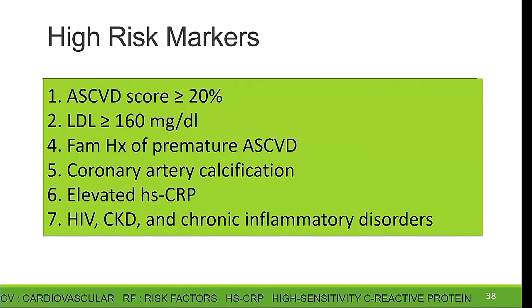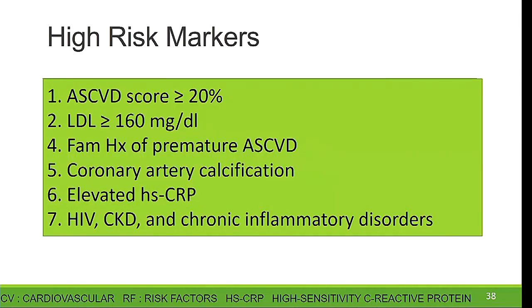I've got as many of the acronyms at the bottom as I can. Then HIV, CKD (chronic kidney disease), and chronic inflammatory disorders, which pairs with the HSCRP because it's a marker for inflammation. So this is another list you have to memorize.